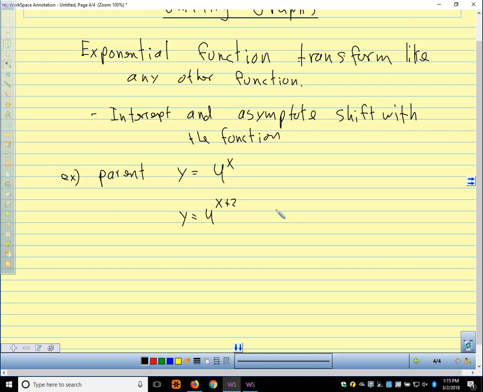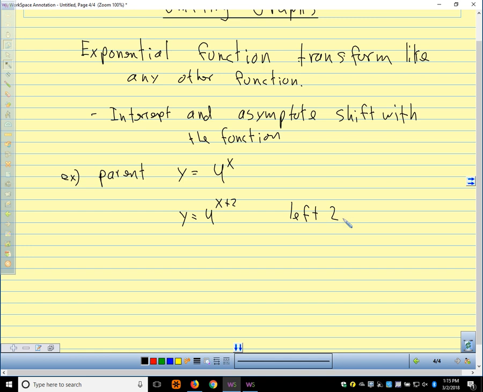Yeah, this is going to be left 2. So for our asymptote, shifting left or right doesn't matter. But our intercept that's at 0, 1 would shift left 2. So it'd be at negative 2, 1. But that wouldn't happen if the plus 2 is after the 4.